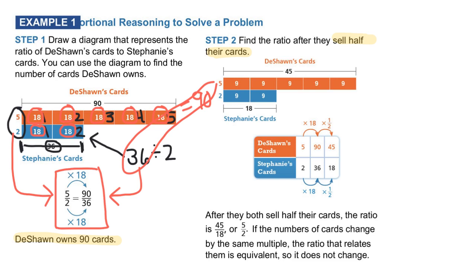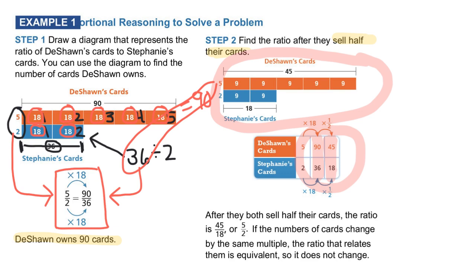So option number 1 is just to cut all of your boxes in half. Option number 2, just take your 90 and divide by 2. Take your 36 and divide by 2. So option number 2 is just to divide by 2.